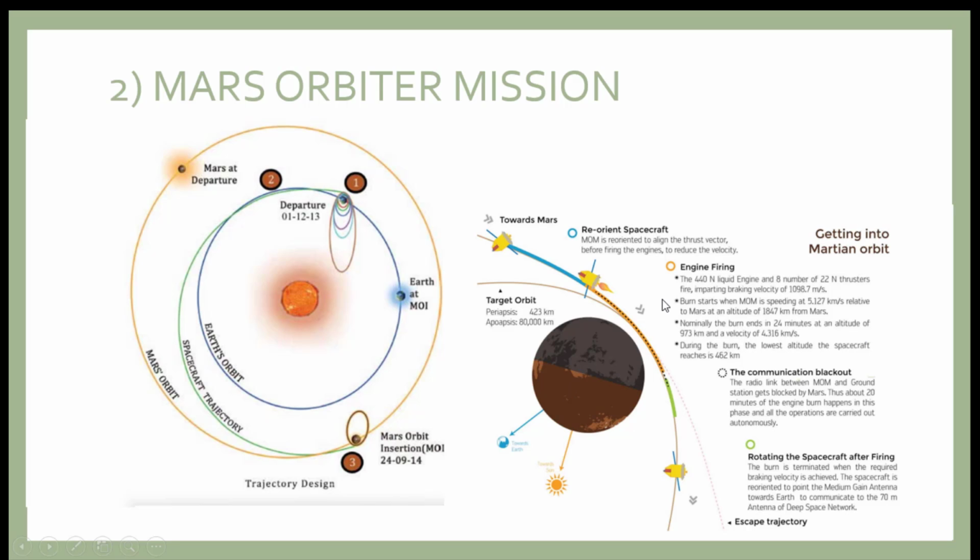You might know about Mars orbital mission already, but we will be discussing some more details and we'll be appreciating the effort put by our scientists. So as you understand the Hohmann transfer orbits, now you can appreciate more details of Mars orbital mission, which is Mangalyaan, which is pride of India, ISRO.